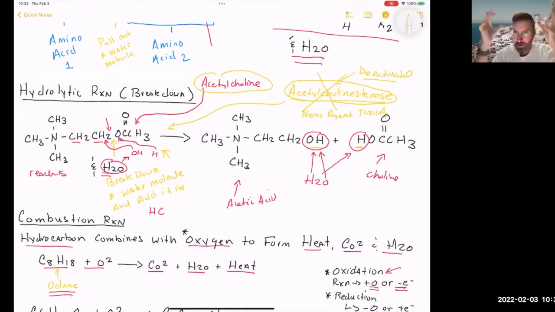In the neuromuscular junction, that is a primary neurotransmitter.